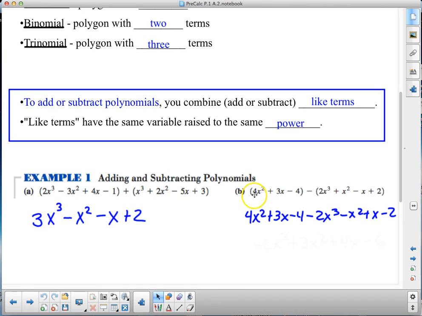I got 4x squared, 3x minus 4, and I got negative 2x cubed, negative x squared plus x minus 2. Now I'm going to combine like terms. I got negative 2x cubed as my leading term there, and then I've got negative x squared and 4x squared. That's where 3x squared comes from. And I got 3x and x, that's 4x, and negative 4 and negative 2 is negative 6.